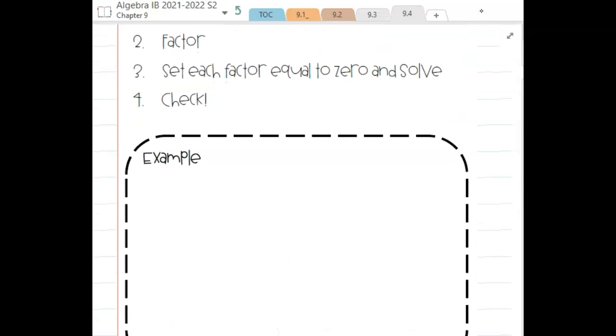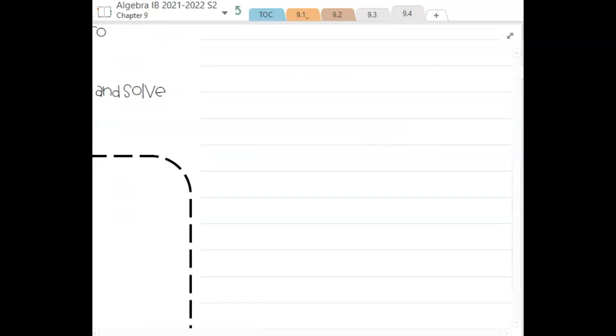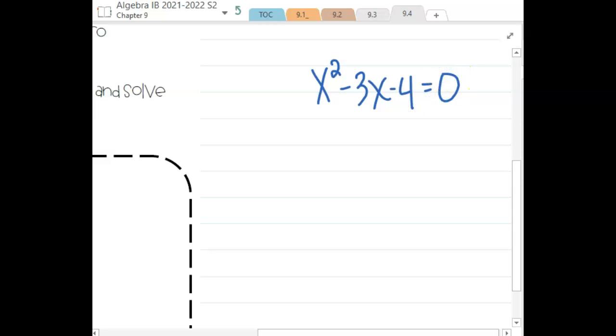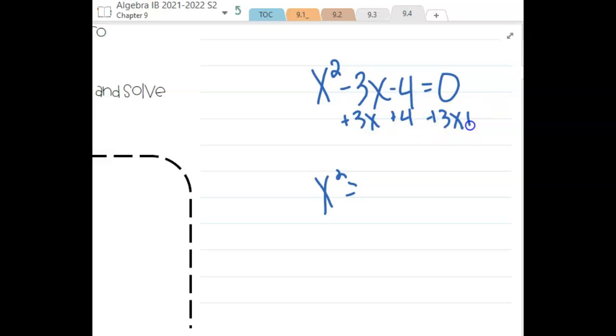So for example, if we had x squared minus 3x minus 4 equals 0, and we tried to solve this by the square root method, I would need this to say x squared equals, which means I need to move both of these to the other side. So I would add 3x and add 4 to both sides. On the right-hand side, you can't combine these because one's an x and one's not, so you would get x squared equals 3x plus 4.